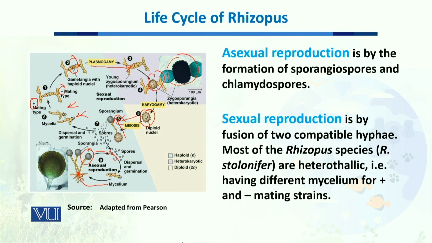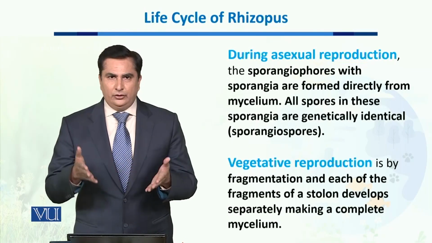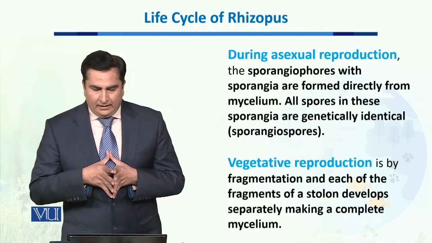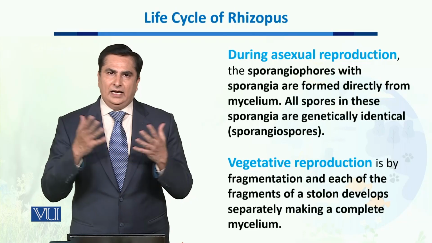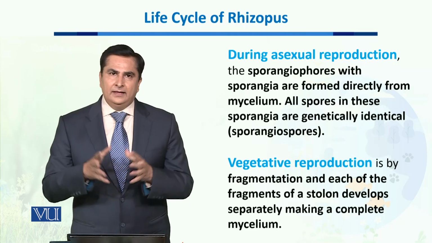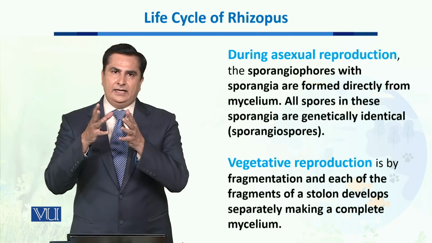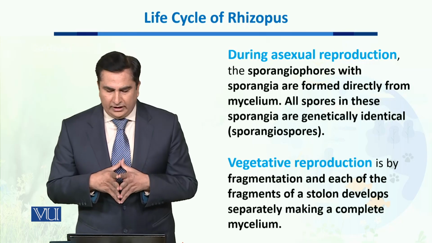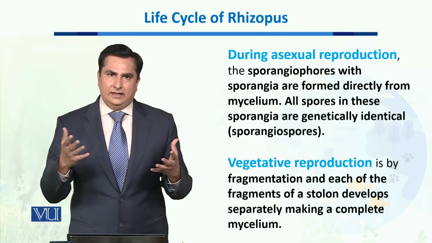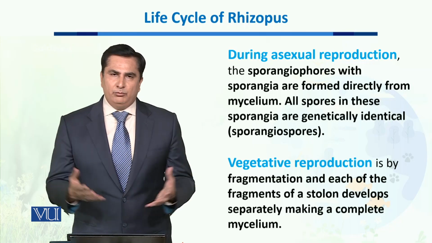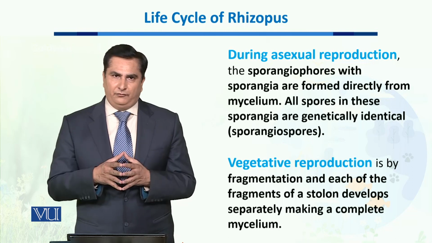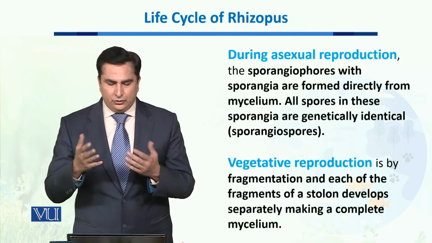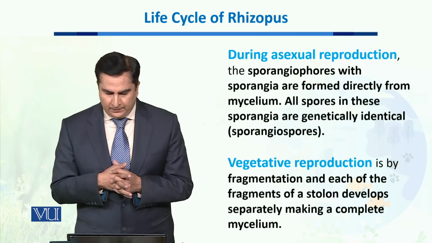Now, during the asexual reproduction, the sporangiophore, as you have seen in the diagram, contains a lot of sporangia, and the mycelium directly transfers these nuclei into this sporangium, and as a result, a number of spores are formed, which are dispersed through this sporangiophore.